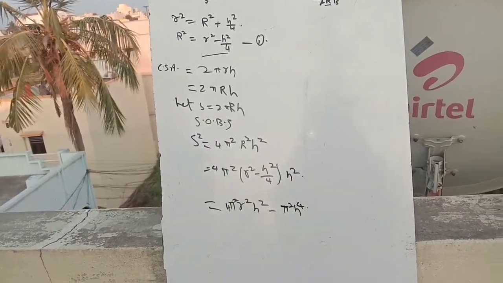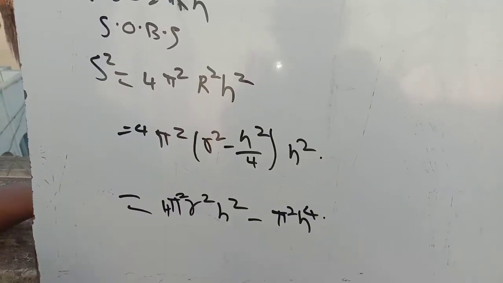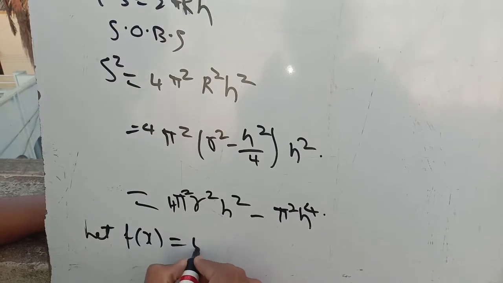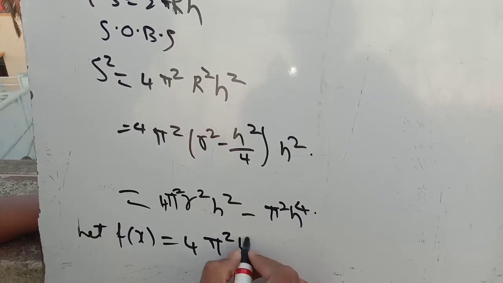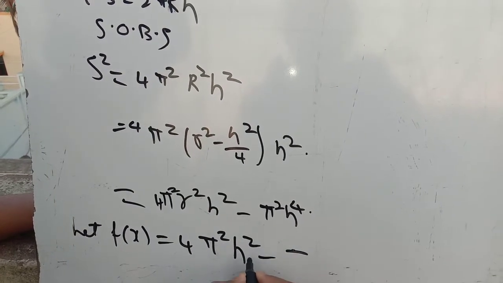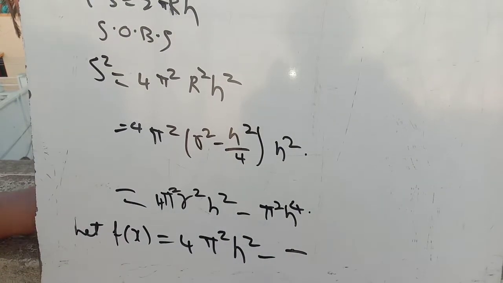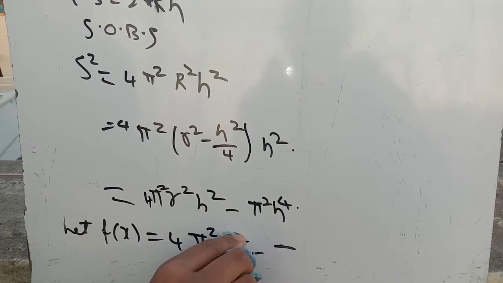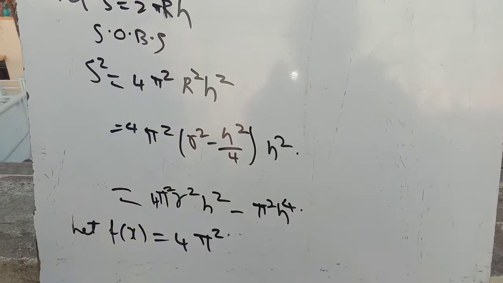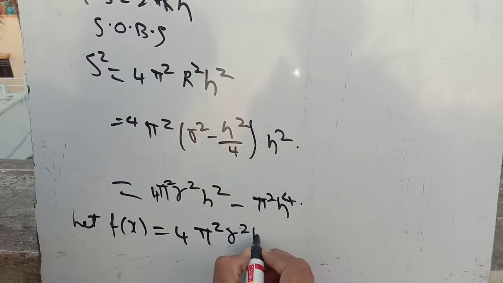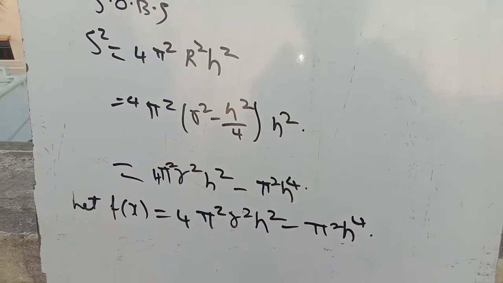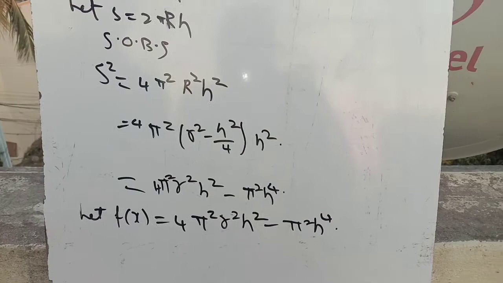Let's name this as f of x. Sorry friends, it is f of x equal to 4 pi square r square h square minus pi square h power 4. First we have to differentiate it.